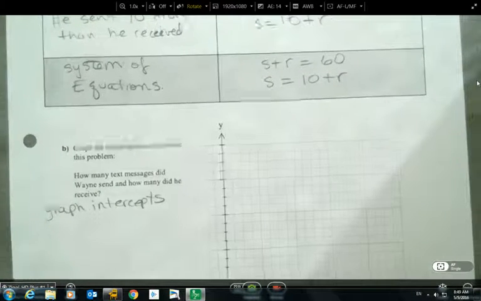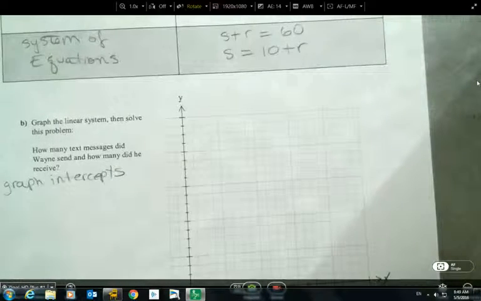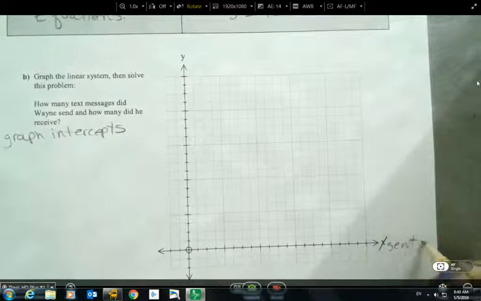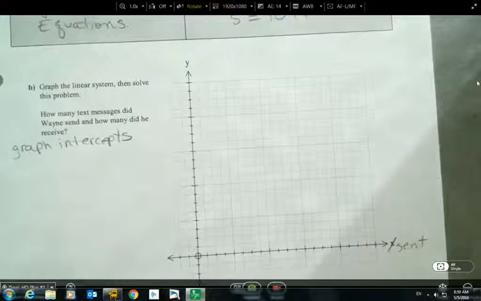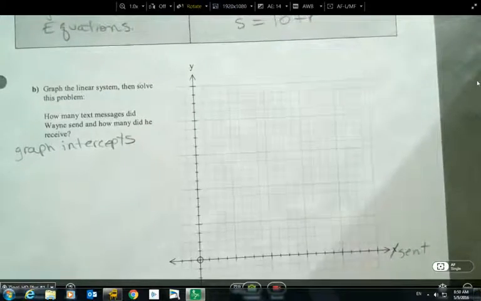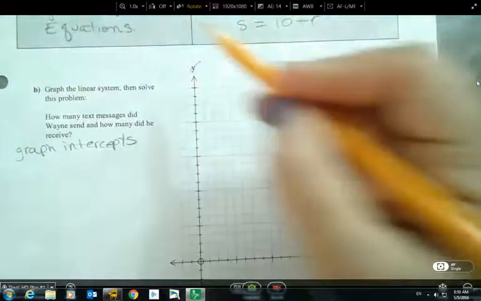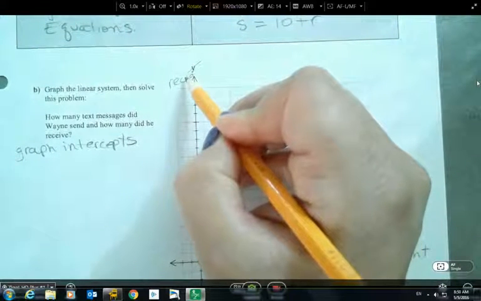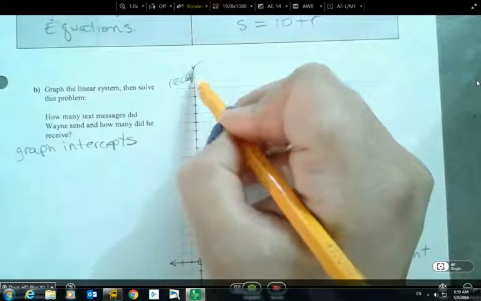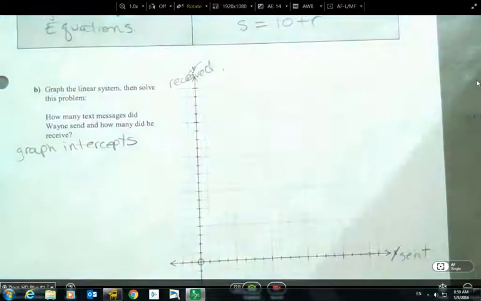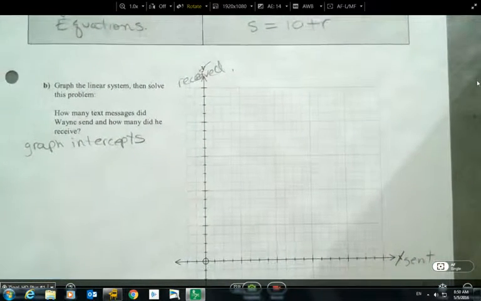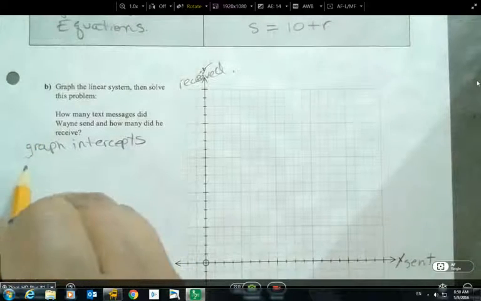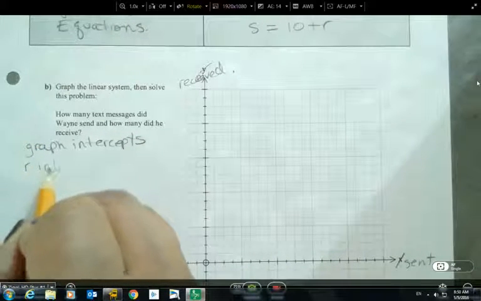So let's call this x-axis, let's call that the sent messages. And then let's call the y-axis R, which is the received messages. Okay. And so now we can rearrange them so that we've got our R-intercept.